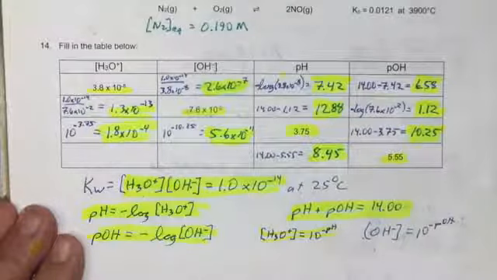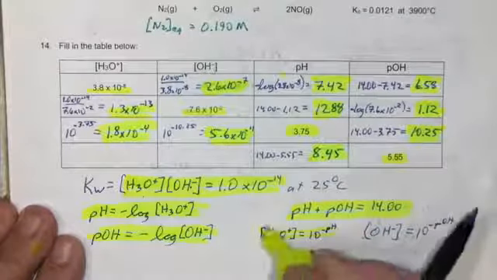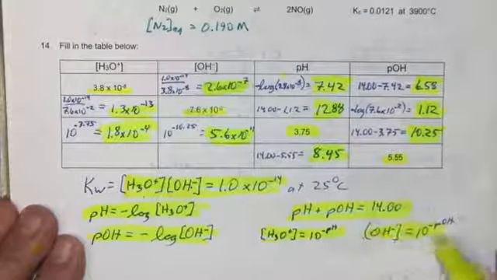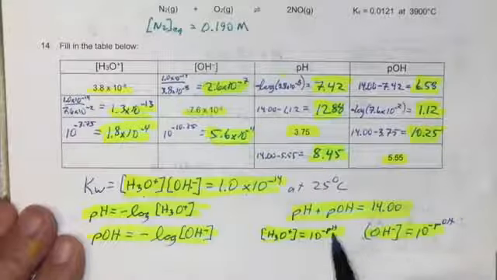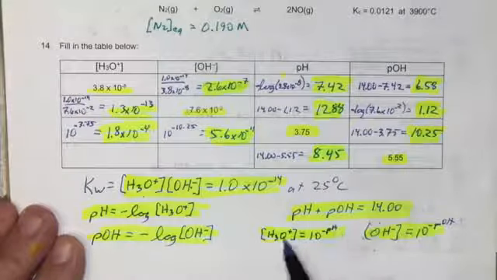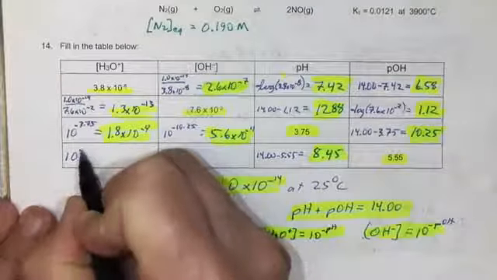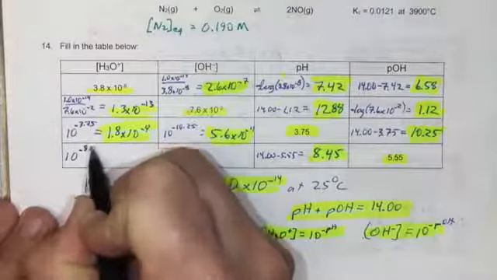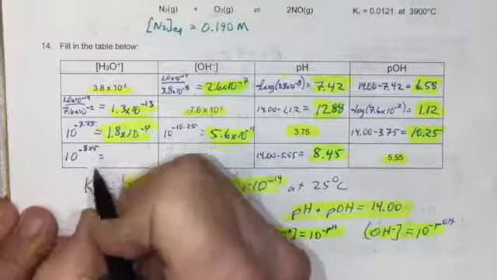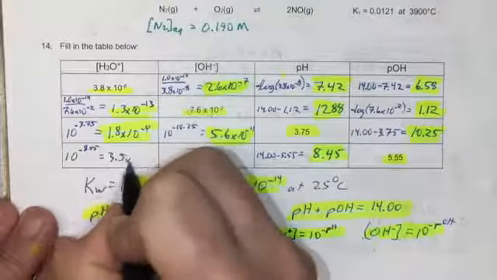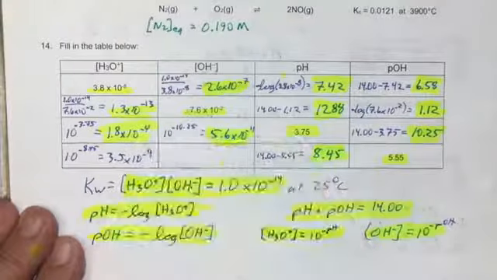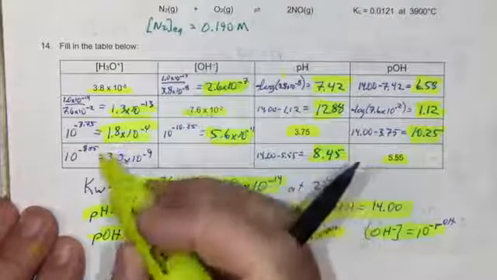Now to get the hydronium ion concentration, we saw that if we know the pH, we raise 10 as a power to negative pH to get the hydronium ion concentration. Here's the pH, so 10 to the negative 8.45 calculates out to be 3.5 times 10 to the negative 9.